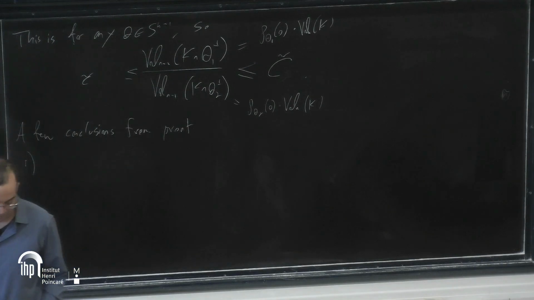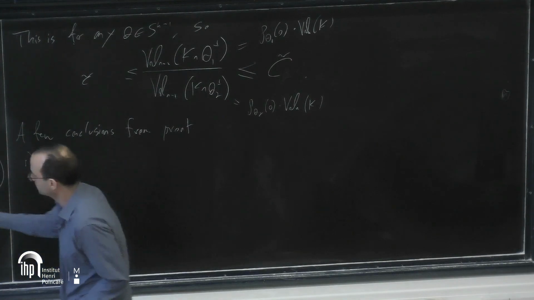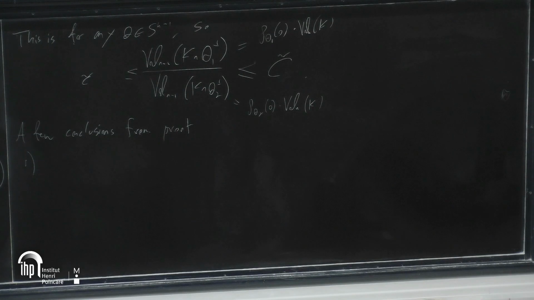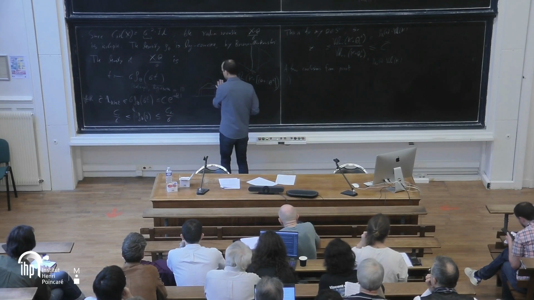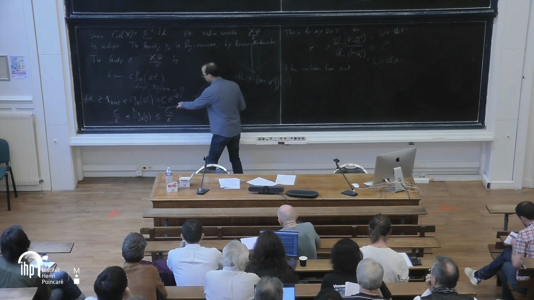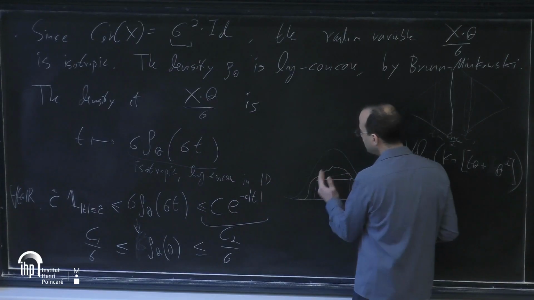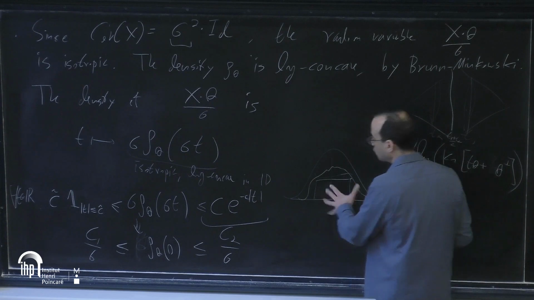Okay, so first, what we see from this discussion is that if I would take another slice of K parallel to theta perp, then I get another value of the density. But because of this bound, we know basically that the value at 0 is sort of the maximum.